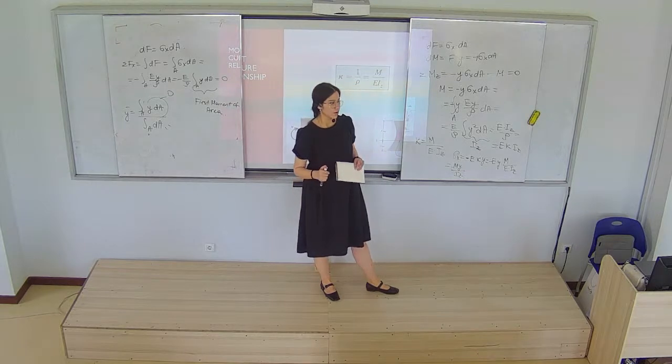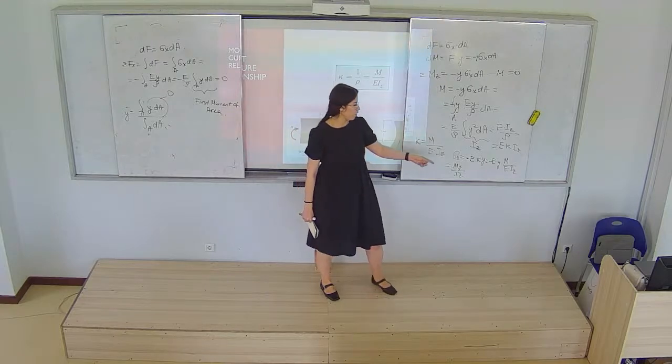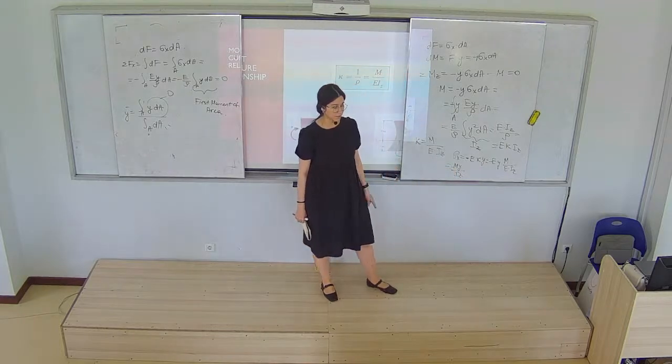So, we will solve the exercise. Calculate the normal stress on a given cross section of the beam. First of all, we will find the moment from where? From the moment diagram. Last time we learned how to draw the diagrams, right? It means that we will take the maximum moment from there.